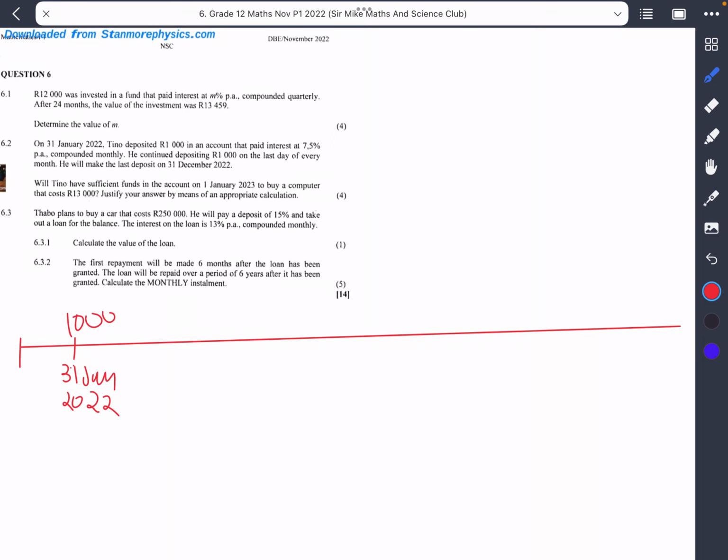So I'm just going to draw that timeline. We would have T0 here, which would be at the beginning of January. This would be at the end of January, so the 31st of January 2022.